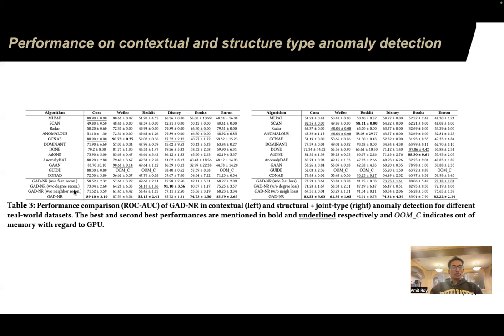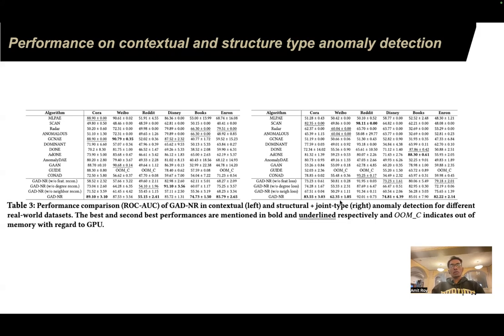And we can see that without the feature reconstruction part, the performance of GAD-NR drops. The reason is that without the feature reconstruction, the contextual anomaly, which is feature-wise different from the other nodes, cannot be detected. And also we can see that without the neighborhood reconstruction part, the structural and joint type anomaly detection performance drops.